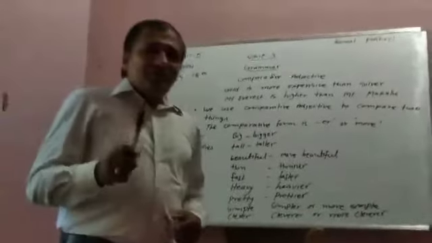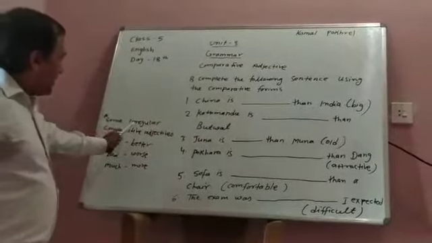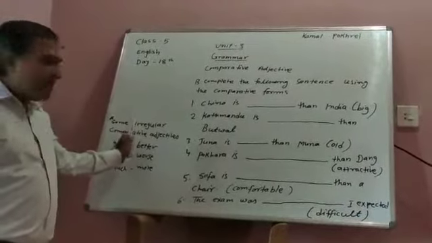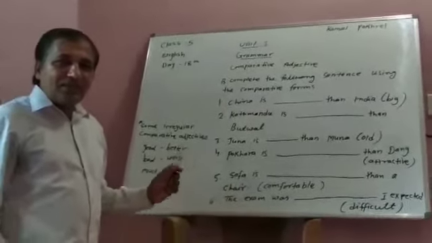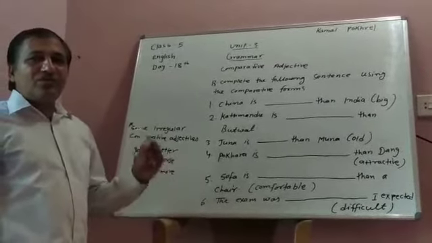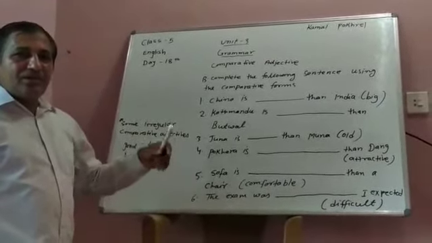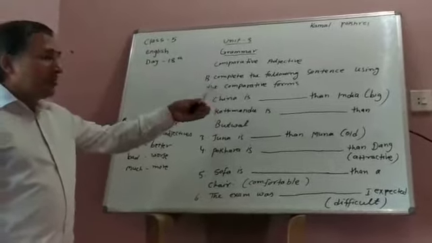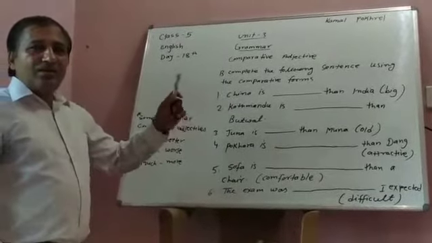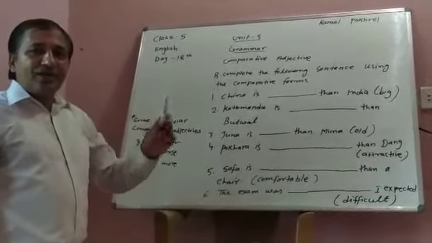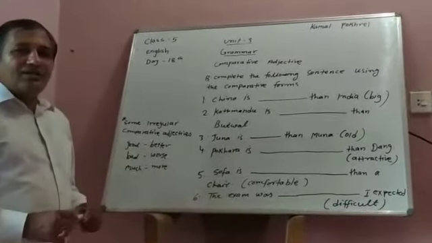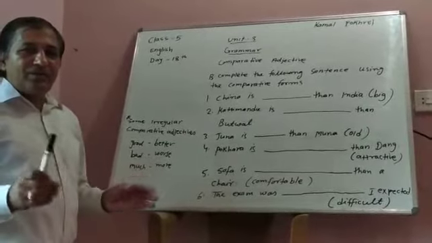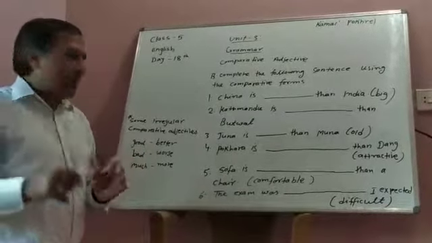And here we have some irregular comparative adjectives. Irregular comparative adjectives are those adjectives which don't follow the above rules, or we don't add er or more. They form in another way.